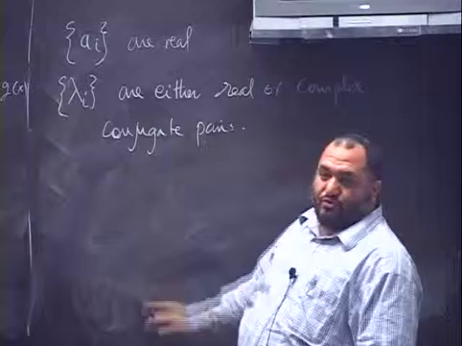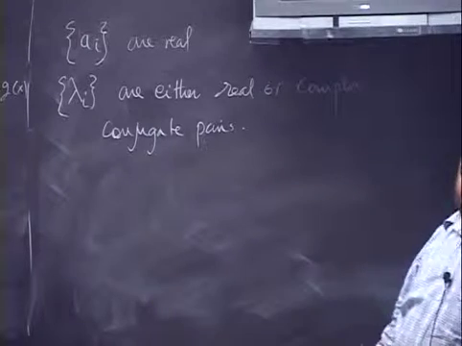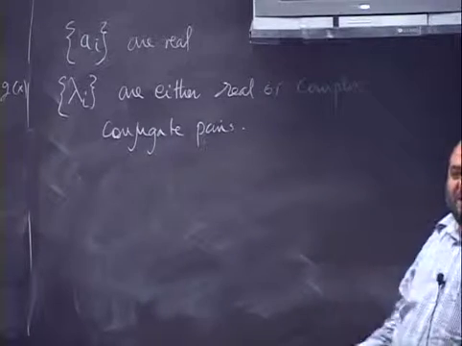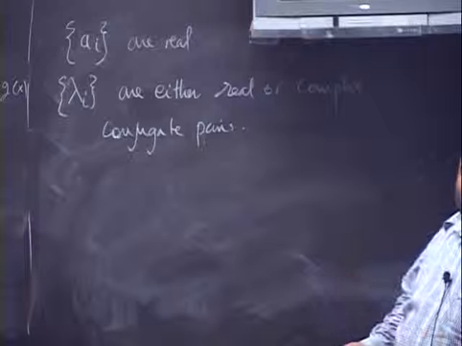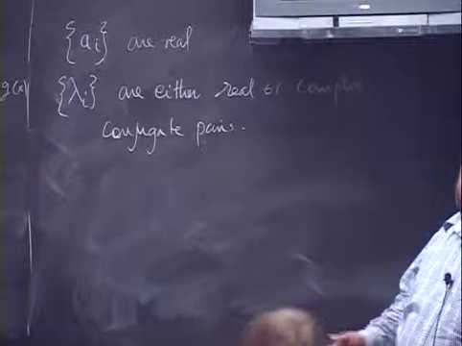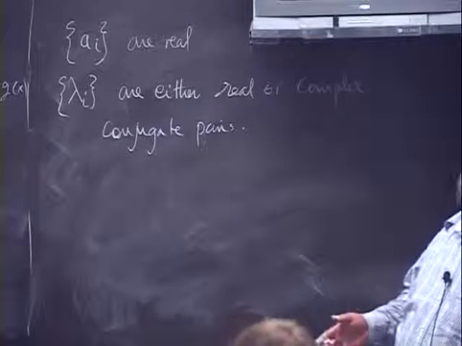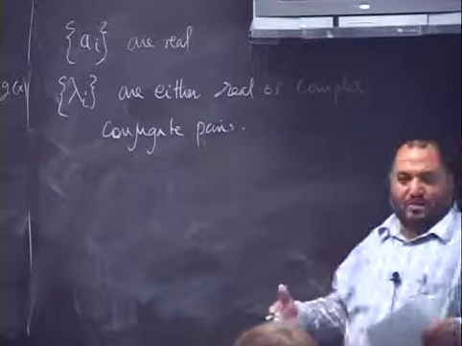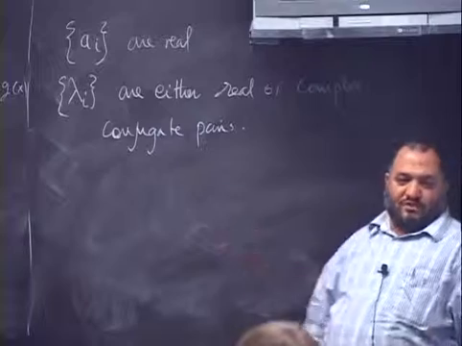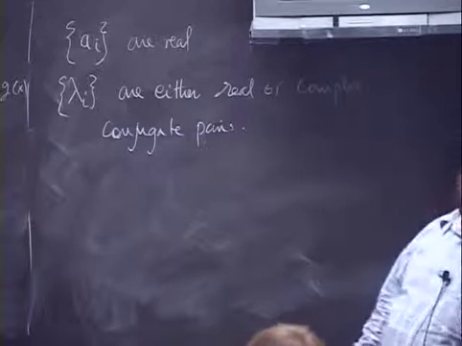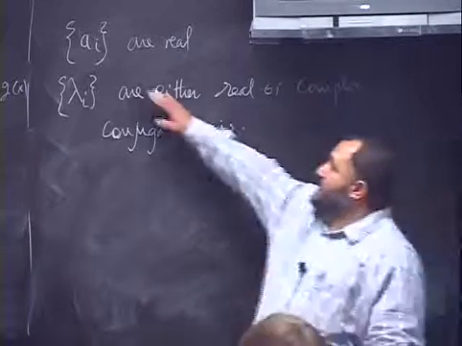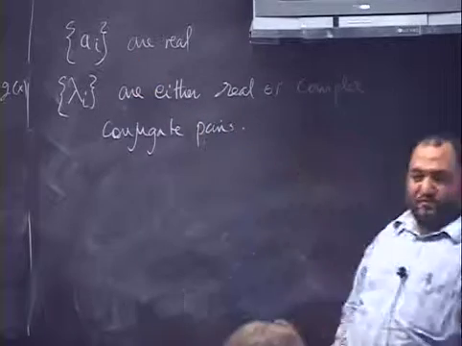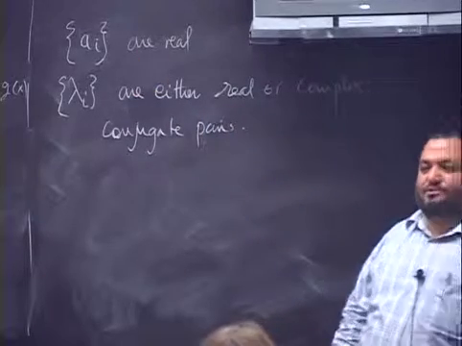I just showed you when we have a fourth order polynomial and we have alpha 1, alpha 2, and alpha 3 plus i beta and alpha 3 minus i beta, and we showed that if you multiply those four roots you will get the fourth order polynomial with real coefficients. So what do we mean by real coefficients?